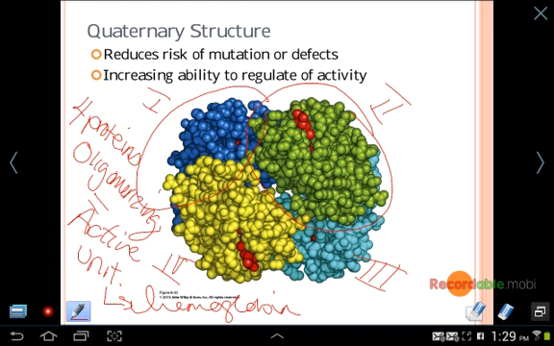By doing this, you reduce the risk of mutation or defects by, instead of having one very long protein that folds up into this overall structure, having four of the same peptides expressed that then can come together at their interface to interact. This also increases the ability to regulate activity.